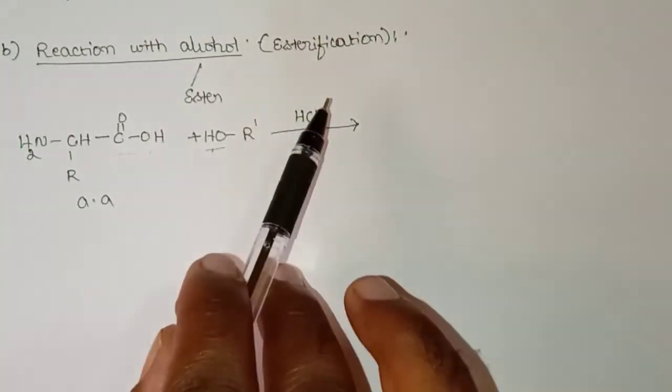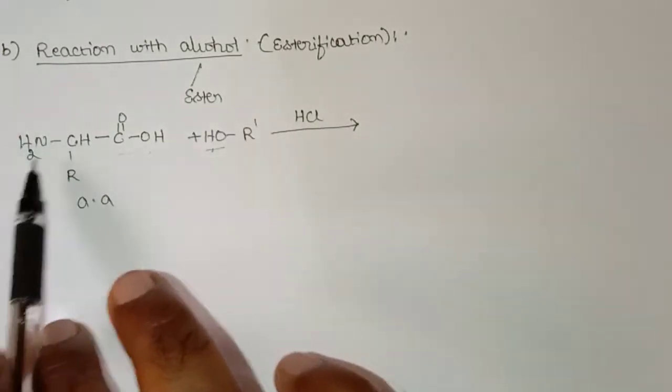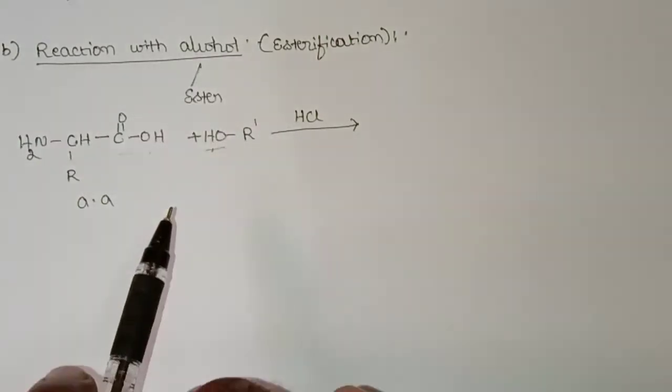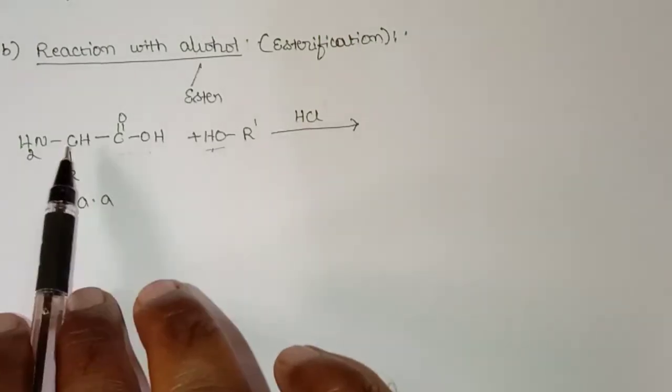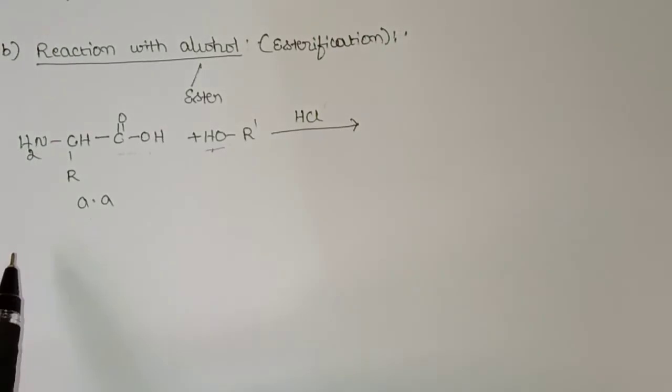If alkylation is to be prevented, this NH2 group must be blocked. Then only will esterification occur smoothly. To carry this out, we use HCl, which acts as both a catalyst and reacts with NH2.